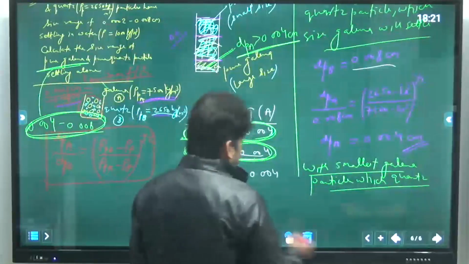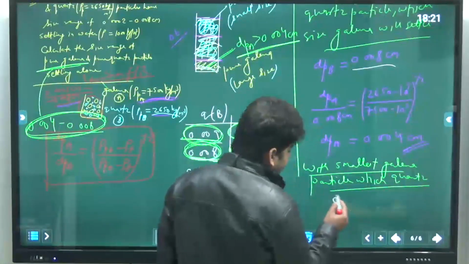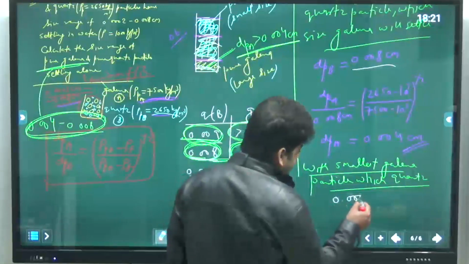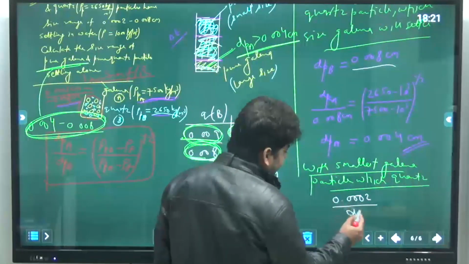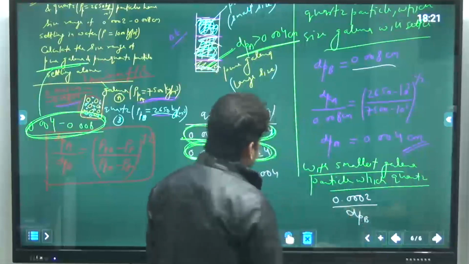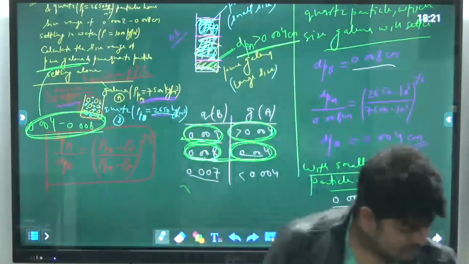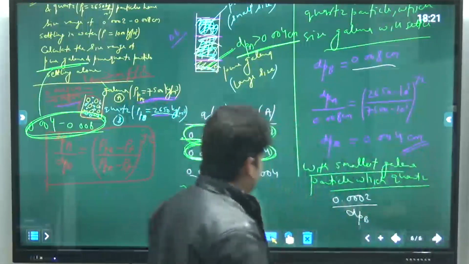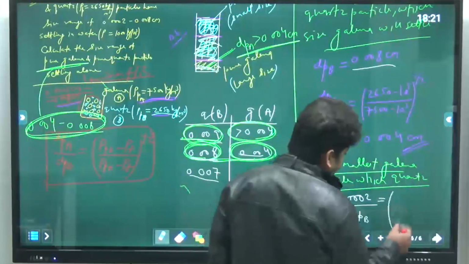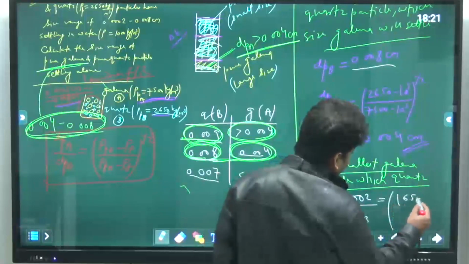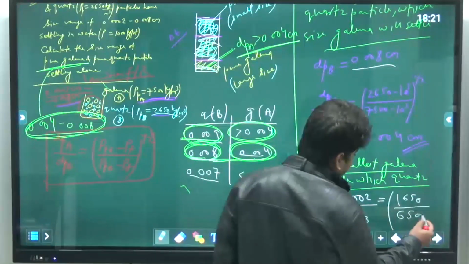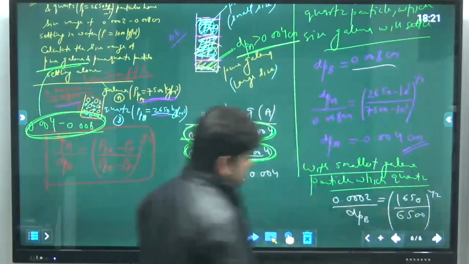So dPa, the smallest possible diameter of galena, is 0.0002 centimeter. dPb for quartz, we don't know, is equal to 1650 over 6500 power 1 by 2.